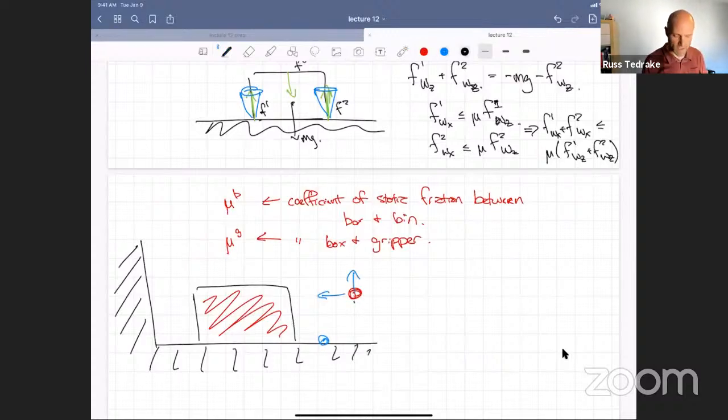Right, the finger starts accelerating this way. It will accelerate at a constant rate. So if you're too far away, you could hit escape velocity or something, but you don't want to, so you don't want to start this too far away. But if you're relatively close to your contact, then this thing's just going to accelerate until it hits this. If the force is enough in the horizontal plane to overcome the static friction, then the box will move.